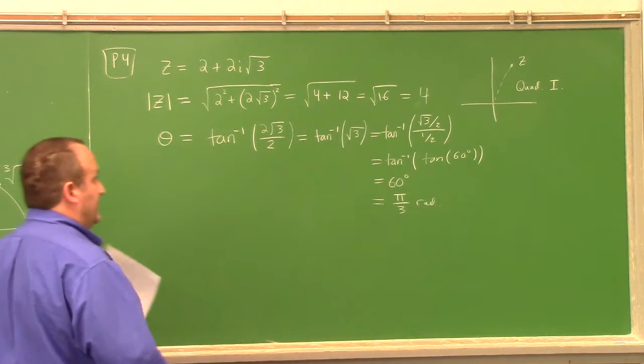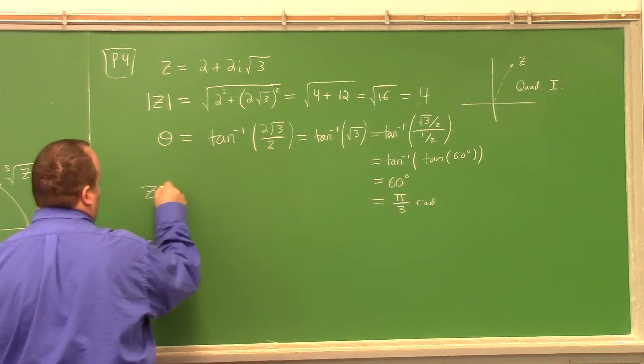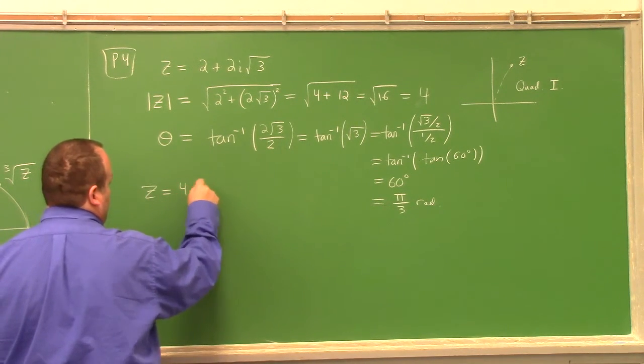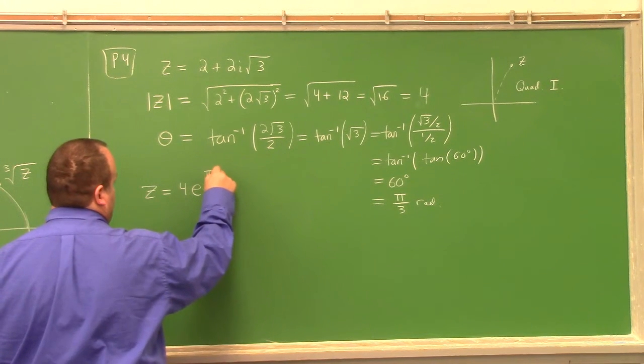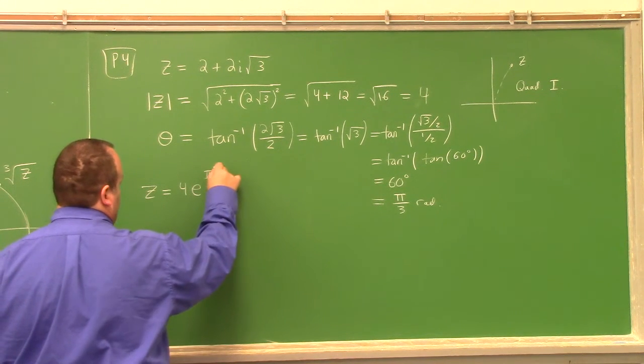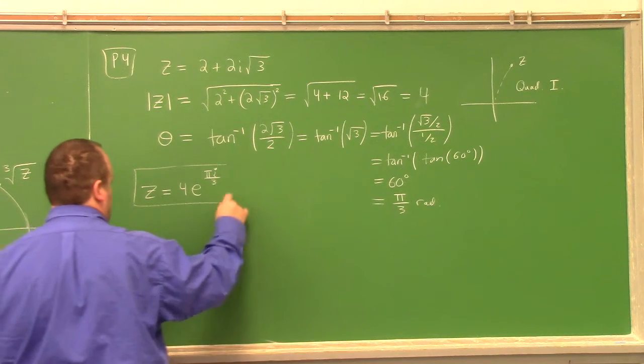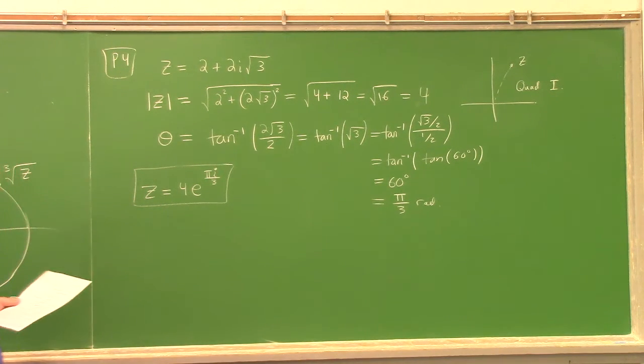Okay, so the answer is z is 4 e to the pi i over 3. There you go. This is the complex number in polar form. And again, all that monkey business with tangent and special angles, you can just plug in your calculator, get 60 degrees or pi over 3, just the same, right?